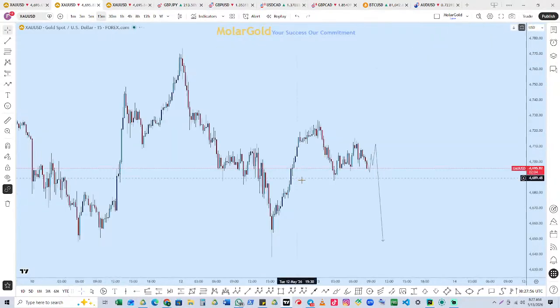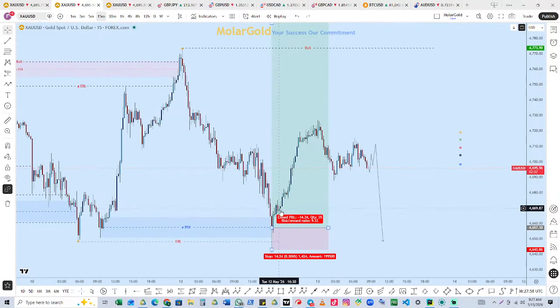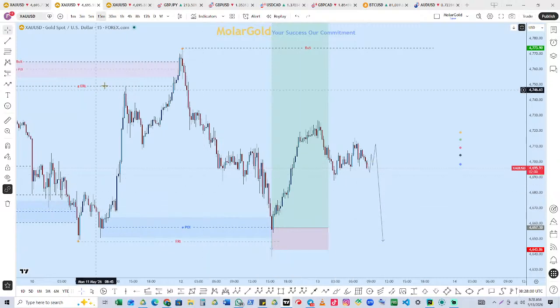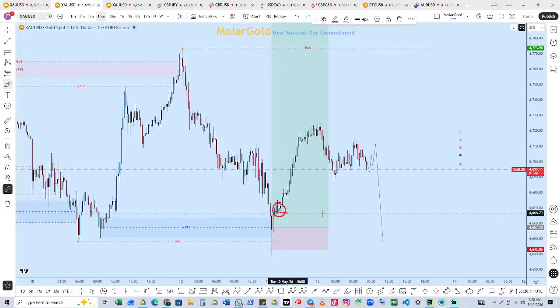Let's go to the 50 minutes. So we have a lot of confluences around these levels, this area, and that is a perfect order block as well. So a lot of confluences fall on this area.